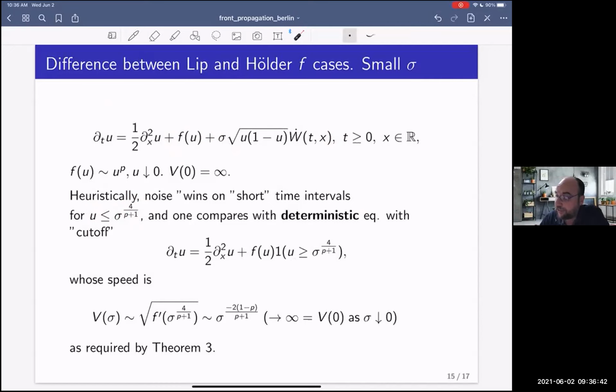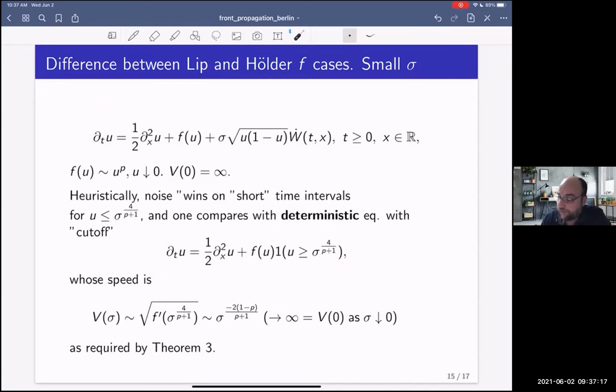And that's why one can compare this equation again with the deterministic one with a cutoff. So again, the drift works only for u greater than or equal to some small sigma to a power. And we know, at least asymptotically, how to think about the speed of the equation with cutoff.